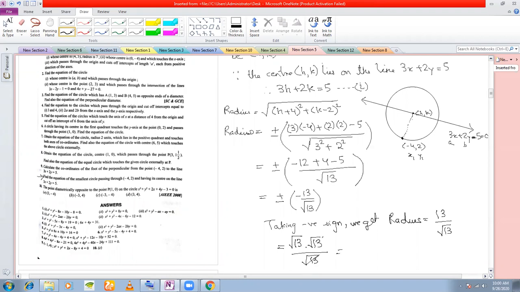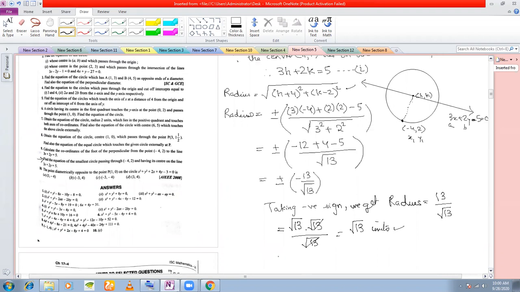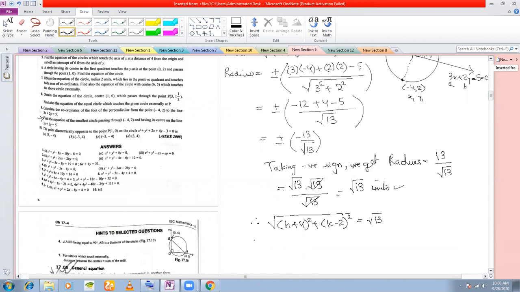So it cancels, and you simply get root 13 units. Both are equal to the radius, so this must be equal to this. Therefore root over of (h + 4) whole square plus (k - 2) whole square must be equal to root 13.